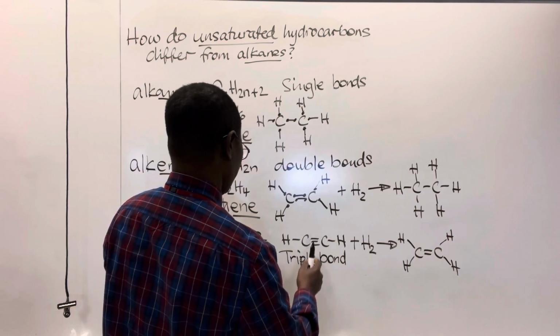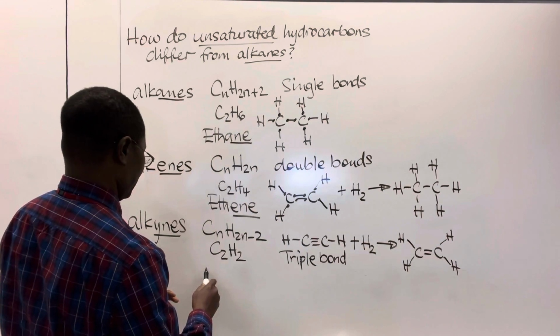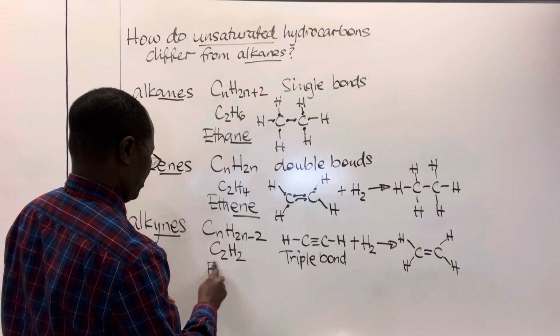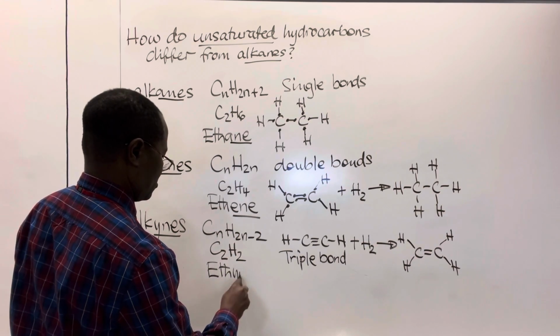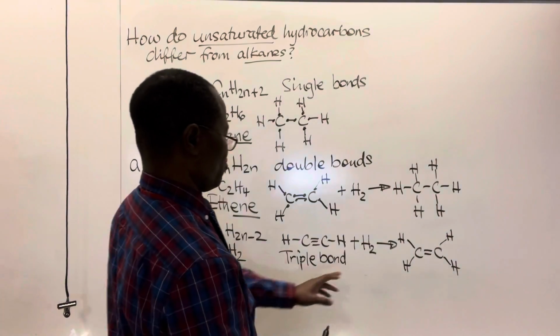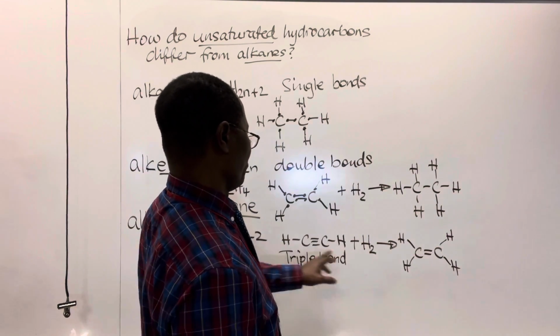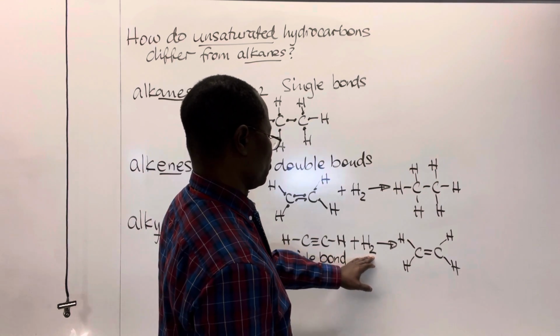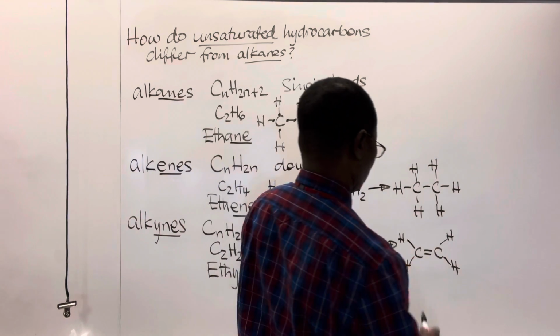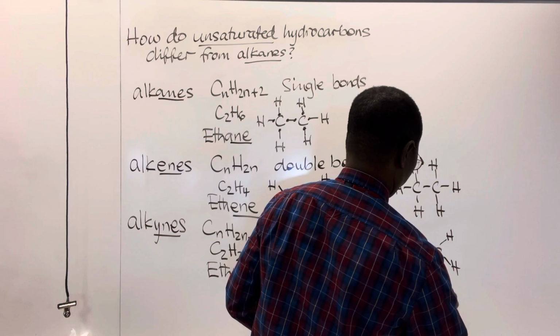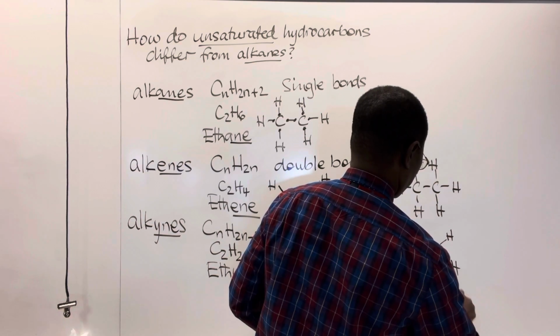The name of this one is ethene. When we break the triple bond and add 2 more hydrogens, we get ethene.